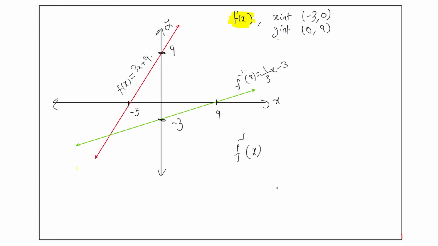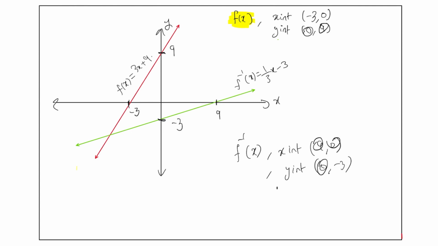For the inverse function, f inverse, the x-intercept would be (9, 0), and the y-intercept would be (0, -3). What do we notice here? We notice similar numbers: 9, 0, -3.